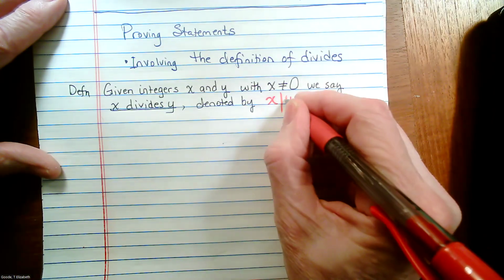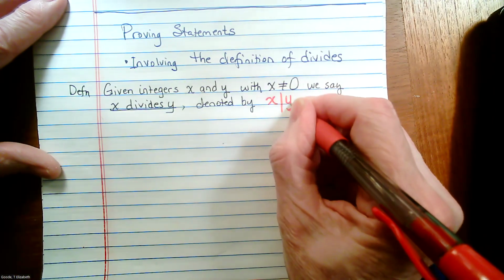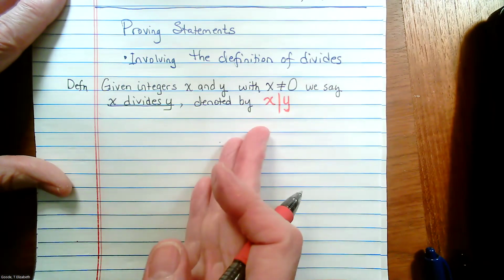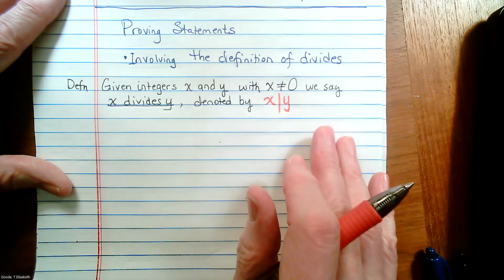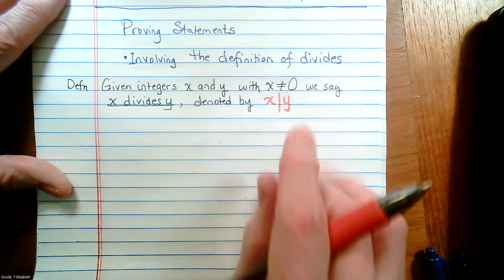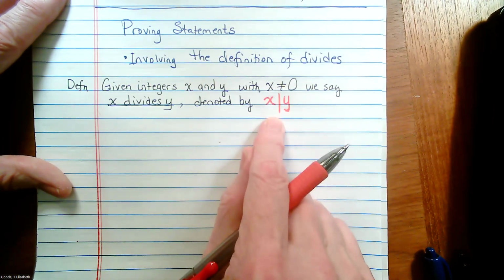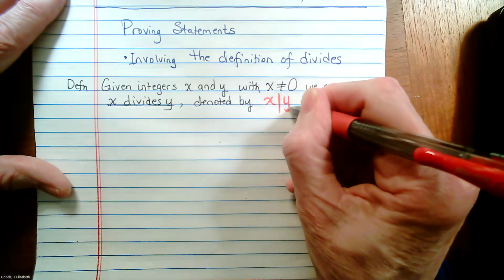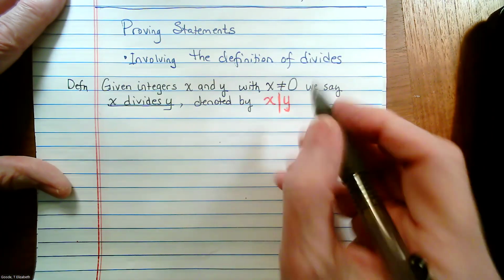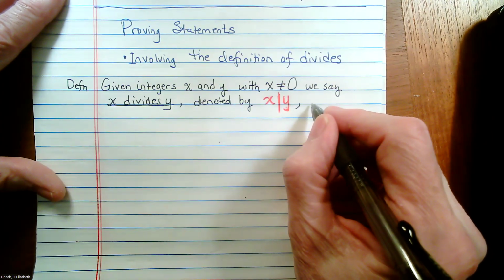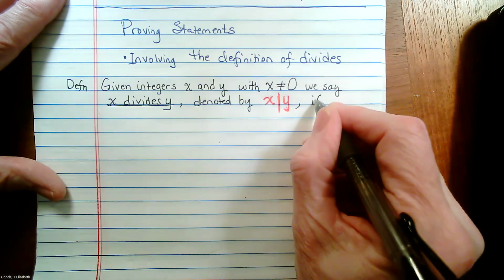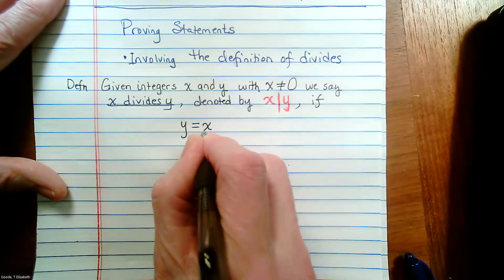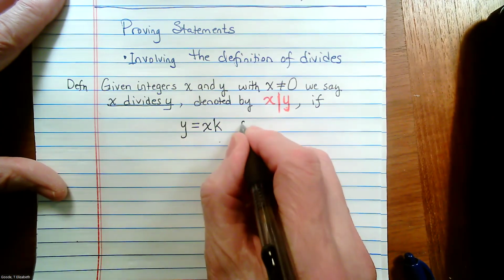And it's really easy to confuse this expression with x with a slanted line y, which means x divided by y, which is a number. But this with a perfectly vertical line is a statement that x divides y if y is equal to x times k for some integer k.